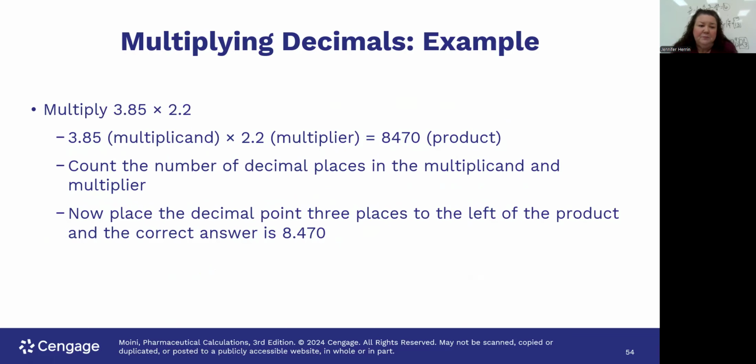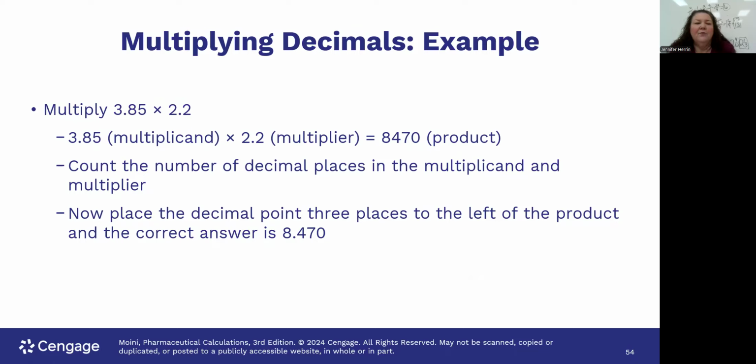our calculators. So they give you an example here of multiplying 3.85 times 2.2. And if you plug those numbers into your calculator, multiplying them, you're going to get 8,470. You'll notice though, had we done this written out, it says to count the number of decimal places in the multiplicand and multiplier.